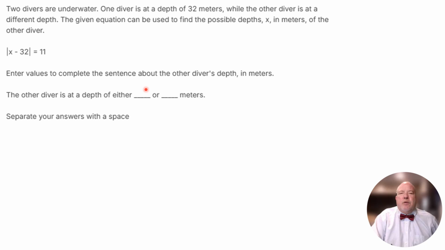And the reason there's two answers is because when you solve an absolute value equation, it's possible to get two answers. So let's solve this and see how we can get two answers out of this. I have the absolute value of x minus 32 equals 11.